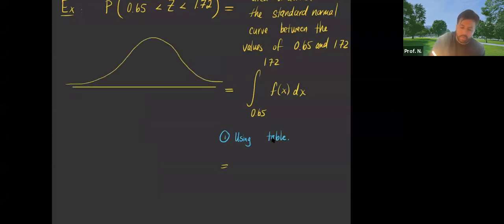So it's 0, 1, 2, right? And 0.65 is somewhere here, and 1.72 is somewhere here. So what do I want to find? I want to find this area here.